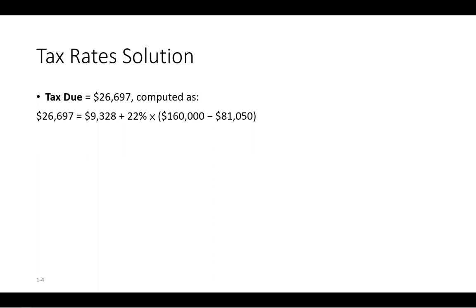So their taxable income is $160,000. So it's way over 19,900 and 81,050, but it falls in the range of 81,050 to 172,750.